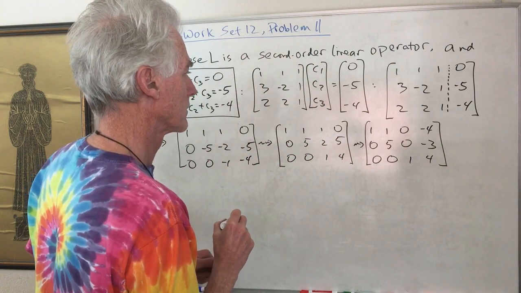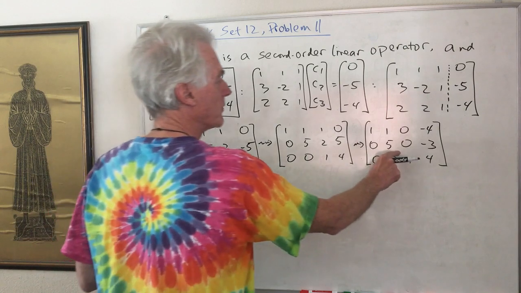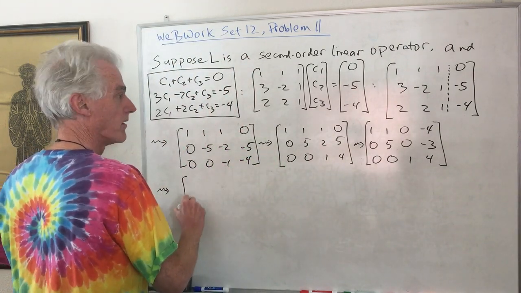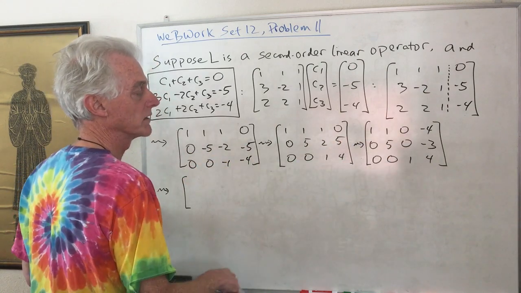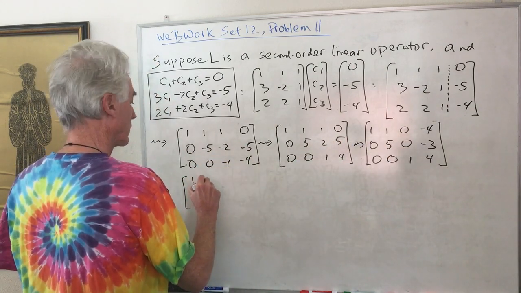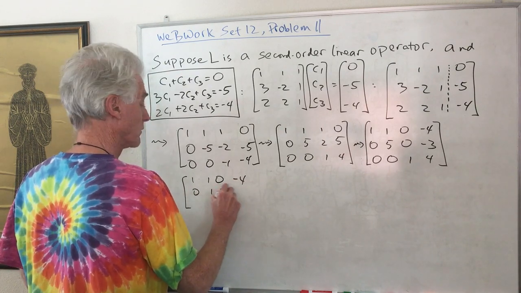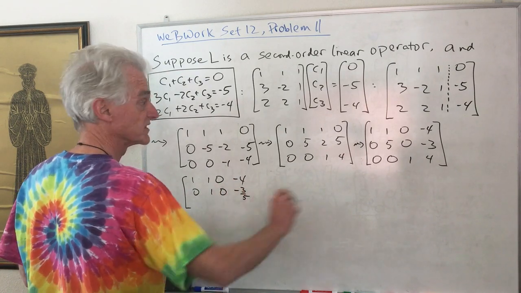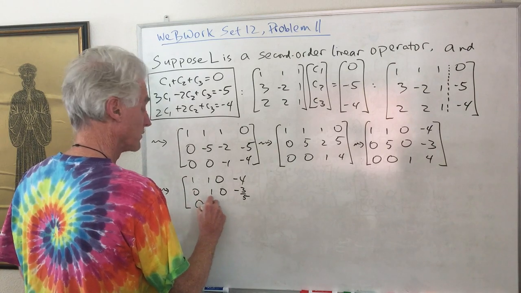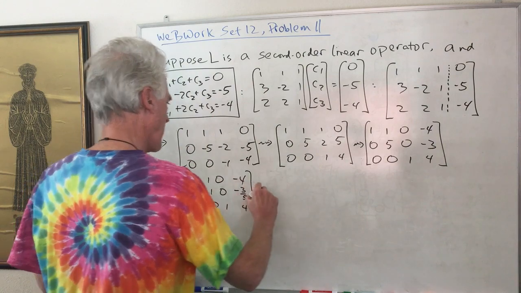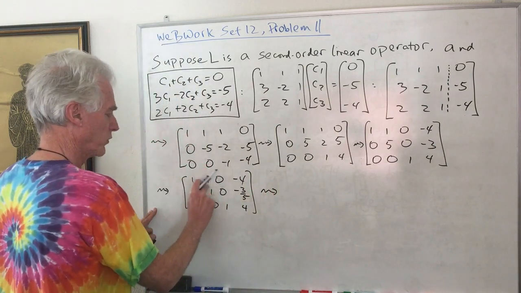All right. So now I want to make that a 1 by multiplying this second row by a fifth. So I have 1, 1, 0, -4; 0, 1, 0, -3/5; 0, 0, 1, 4. So now all I have to do is put a 0 up here.